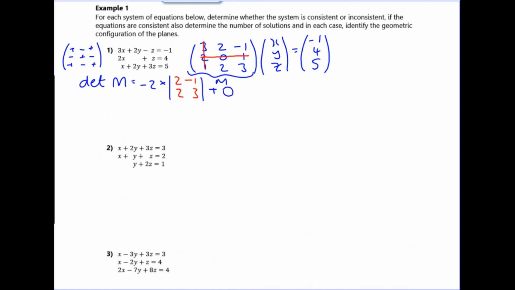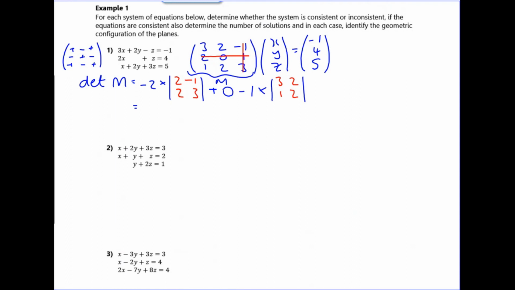Plus 0 in the middle, and then minus 1 times its minor. Cross out the row that 1 is in, cross out the column that 1 is in, and that's times 3, 2, 2. Again, I've made that one minus because it's in a minus position. Plus minus plus minus. If you prefer, you can always use the top row and then you don't have to worry about that.